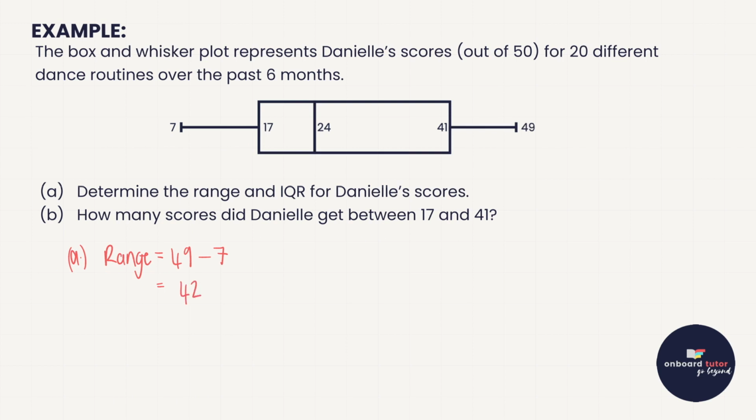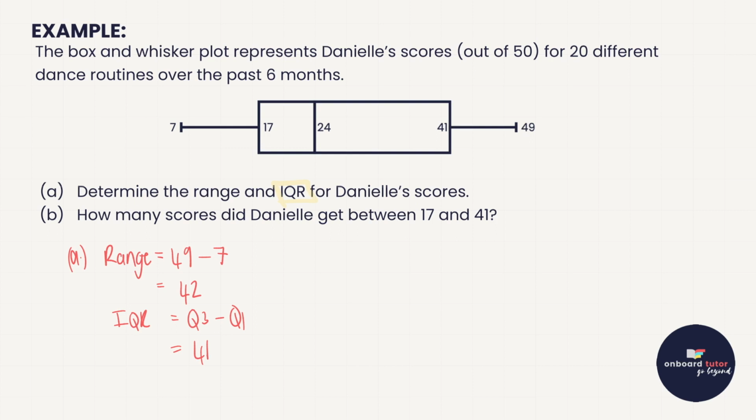Then the IQR, that means interquartile range. IQR is simply Q3 minus Q1. Quartile 3's value there, based on my box and whisker, is 41.